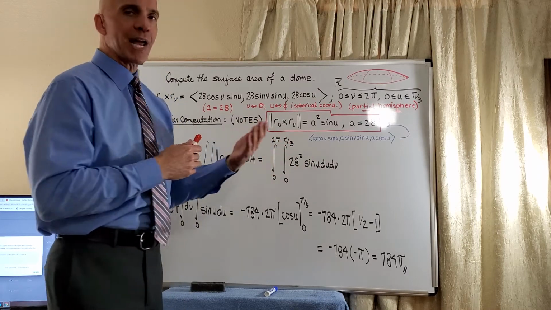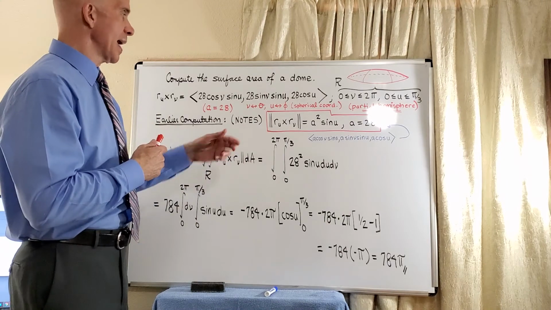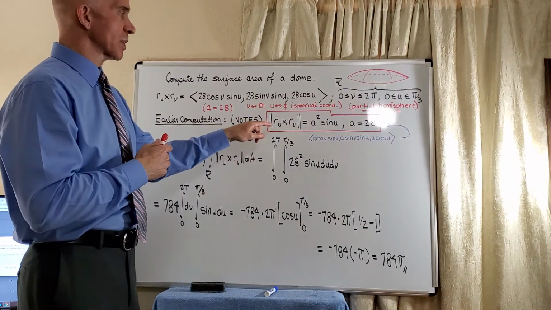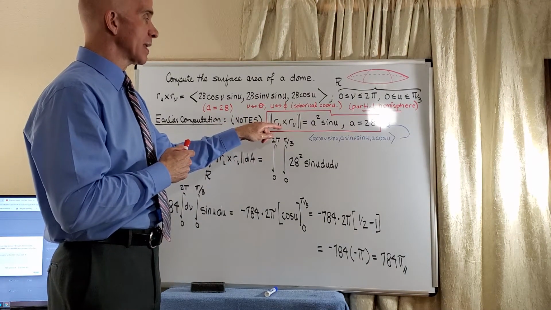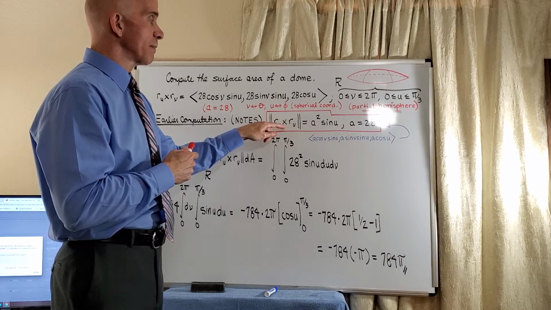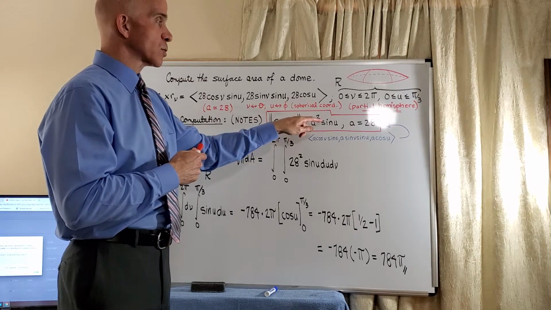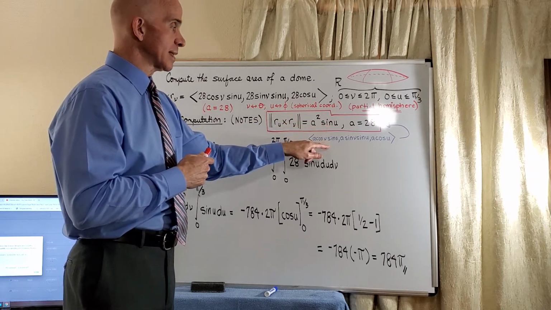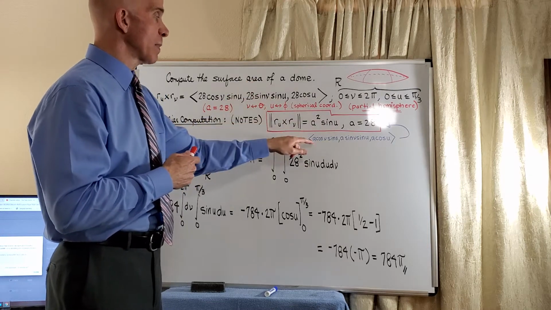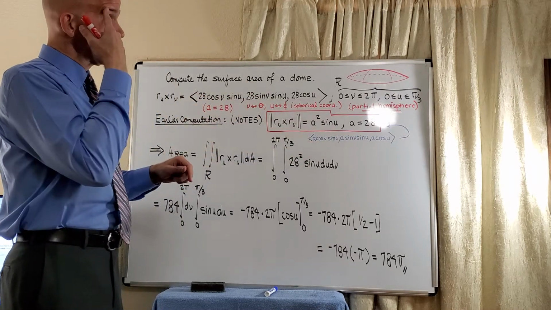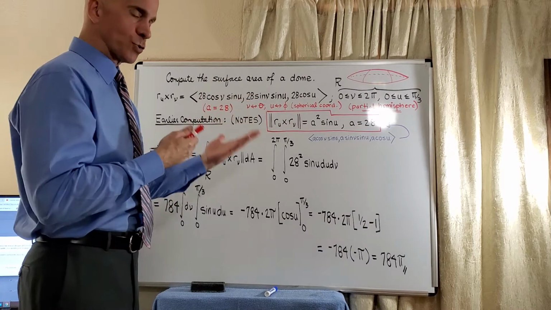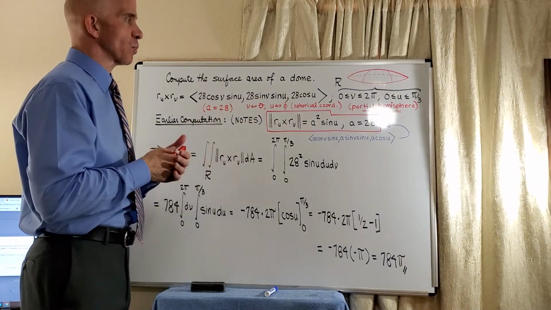And so we don't have to repeat the calculation. As you see in your notes, the calculation is done for you. That is, when we take the norm of the surface normal, we get a squared sine u. So we see that this and this are basically the same, where a has been replaced with 28. And so that's really good. We have that computation ready to go.